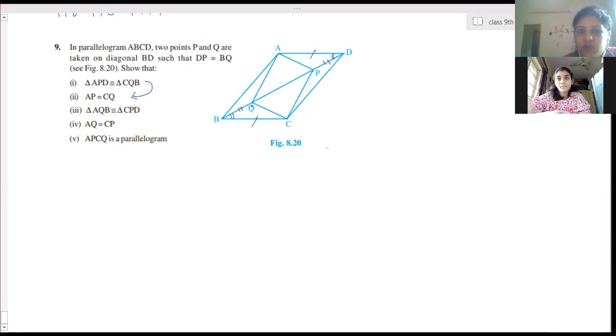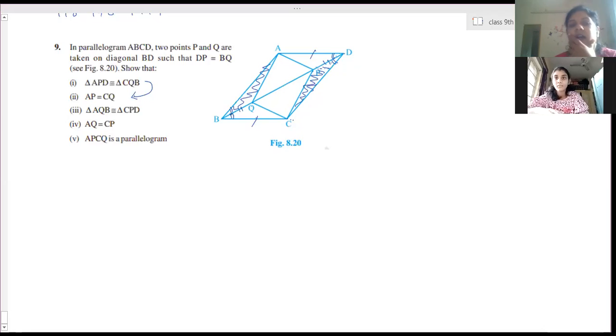Now AQB and CPD congruency we have to prove. This triangle congruency, opposite triangles now. Here also the same rule. AB is equal to CD, opposite sides of the parallelogram. Angle B is equal to angle D. Here also these are alternate interior angles, right?